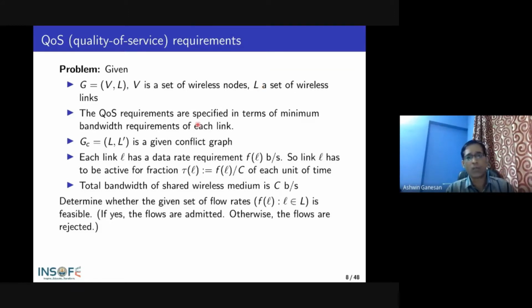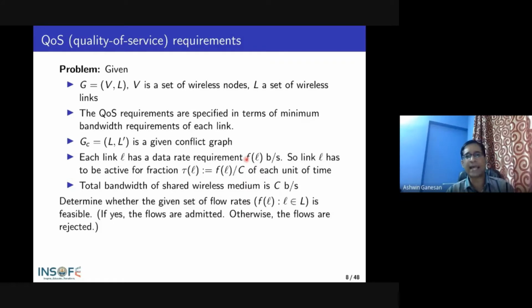And the quality of service requirements are specified in terms of the minimum bandwidth required by each link. So node A might want to transmit to node B at a data rate of 2 megabits per second. So F of L is the data rate requirement for link L. And so F of L would be 2 megabits per second if L is that link AB.